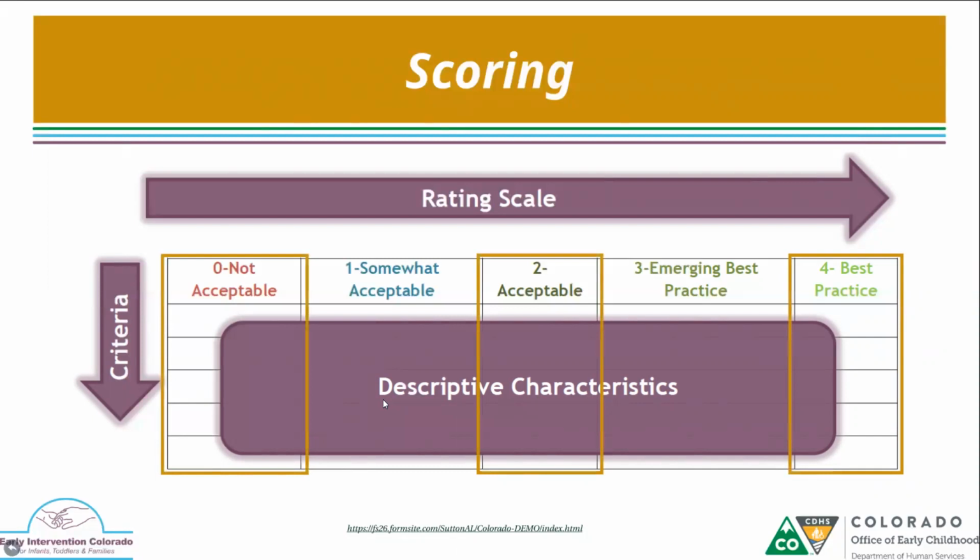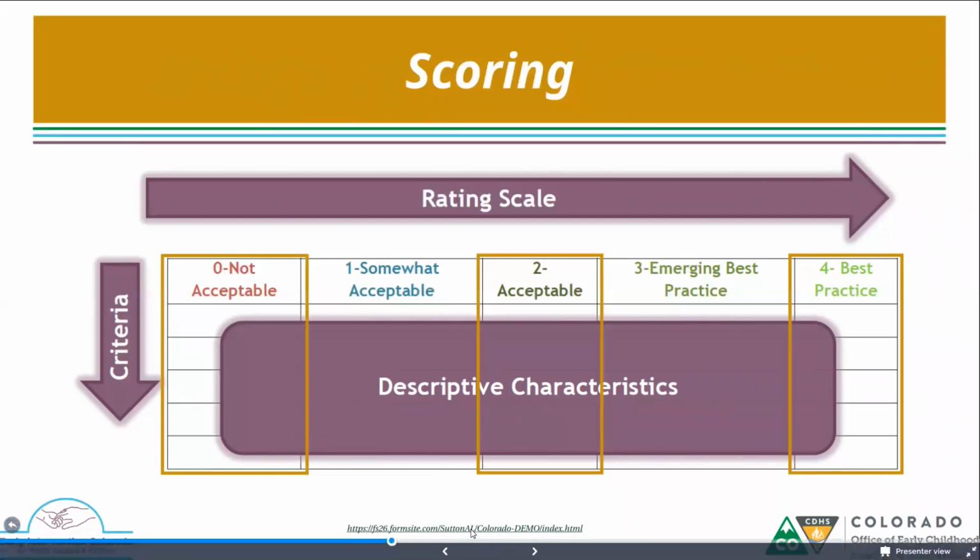And then those in-between ratings of 1 and 3 come into play when you're applying a section score. So if you've made some scoring in not acceptable and acceptable, you can kind of average it out and give the section a rating of 1. And that will make more sense when we do the demo, which we'll start right now.